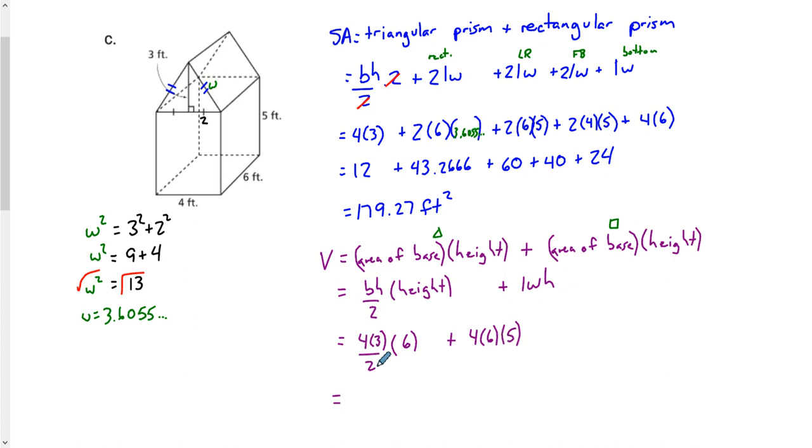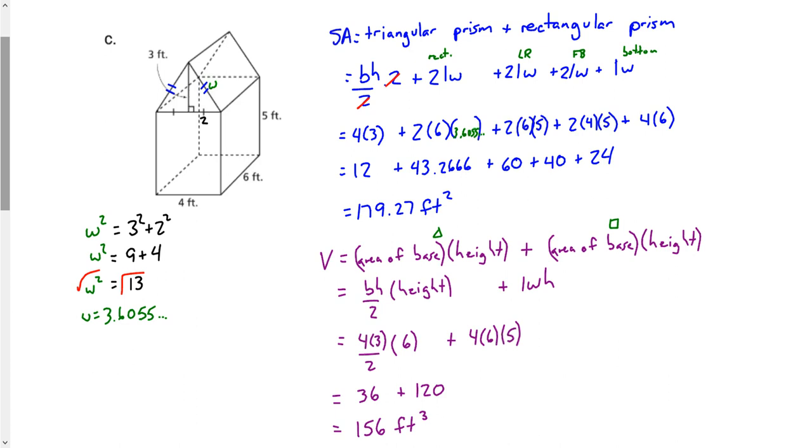So 4 by 3 divided by 2 times 6, 36. 4 by 6 by 5, 120. So we get 156 feet cubed as our volume of this entire composite figure.